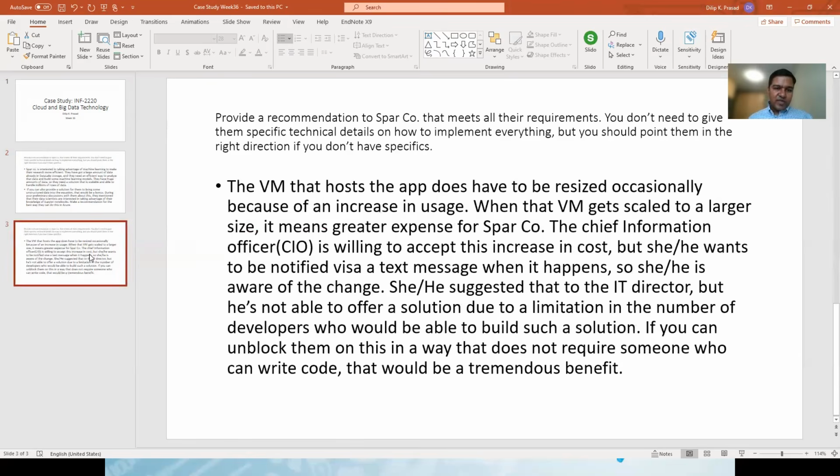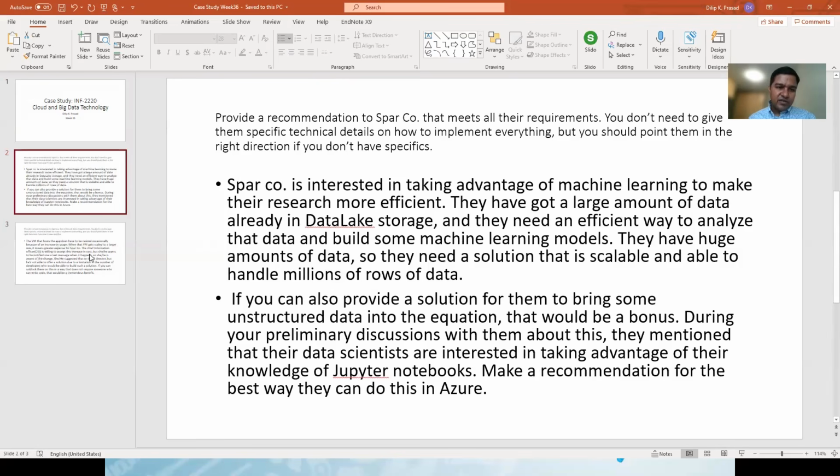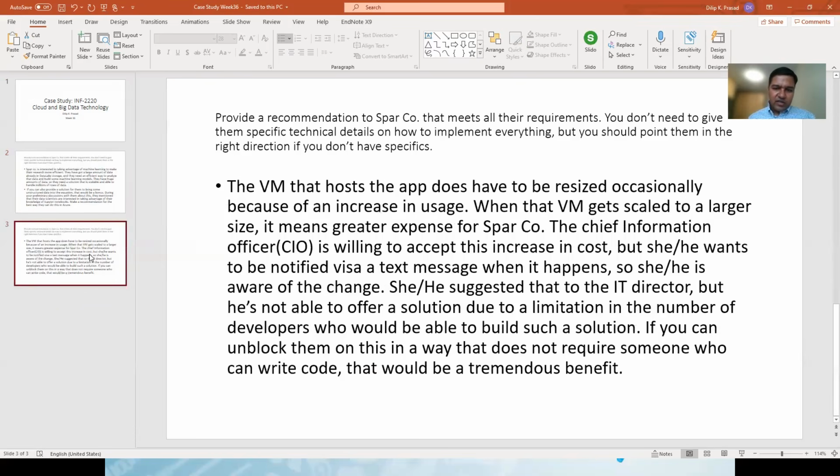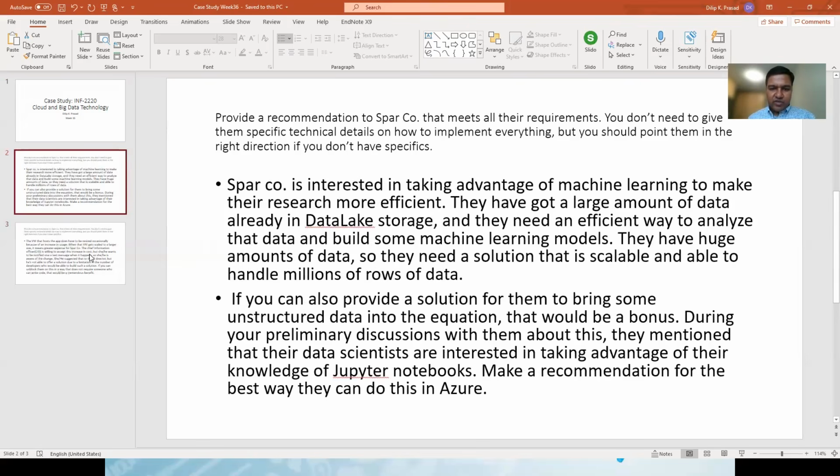So have a look, because these require a bit more time and reading. Tomorrow we will cover Azure Data Lake Storage, and then you will have more idea about it. But you can have a look. I have uploaded this to Canvas.